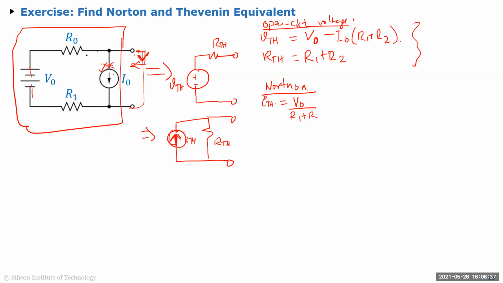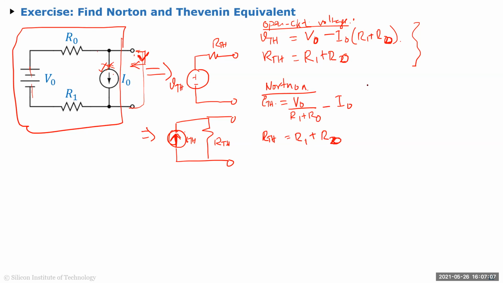But the thing is that if you short this, doesn't matter what R1, R2 is, because you have a short circuit, all your current is going to flow through the short circuit, which means that it will be minus I naught. That's your ITH. And RTH is obviously the same because you open circuited just the way you measure it, right? R1 plus, sorry, R0 plus R1. R0 plus R1.